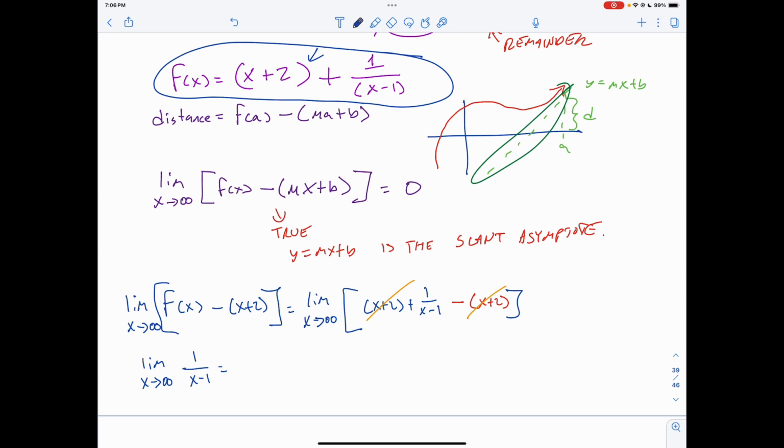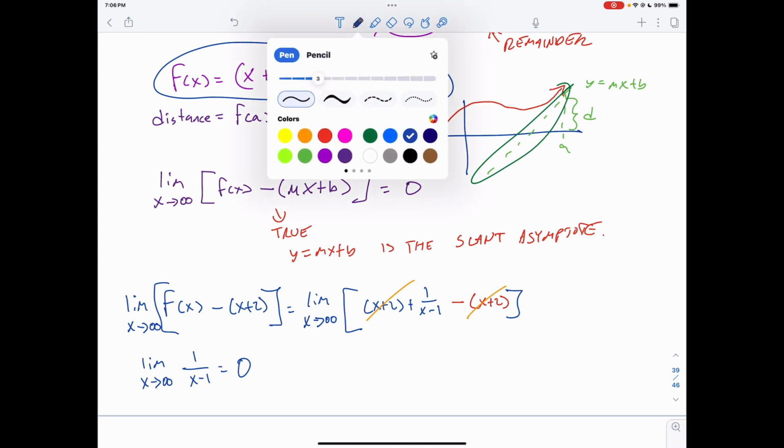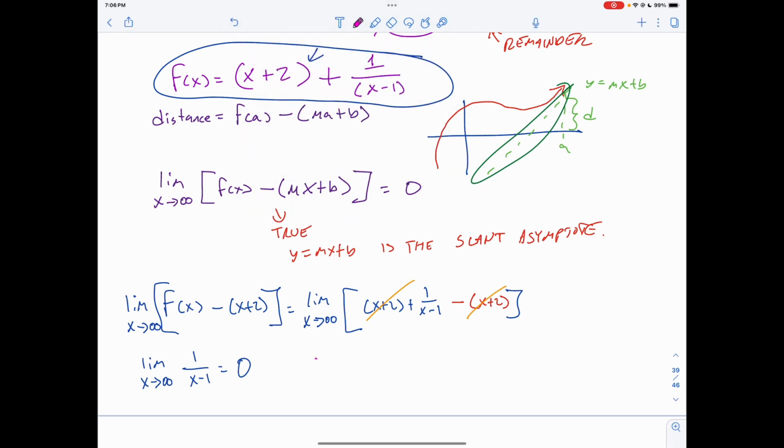And we know that that limit is going to approach 0, which means y is equal to x plus 2 is the equation of the slant asymptote.